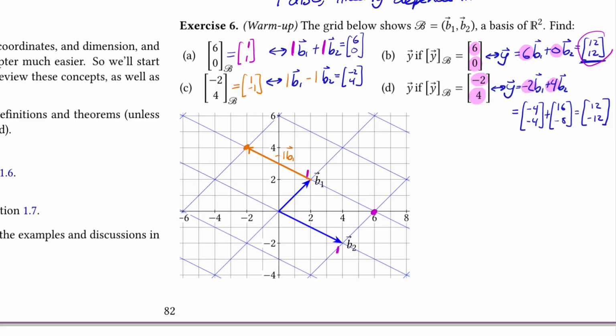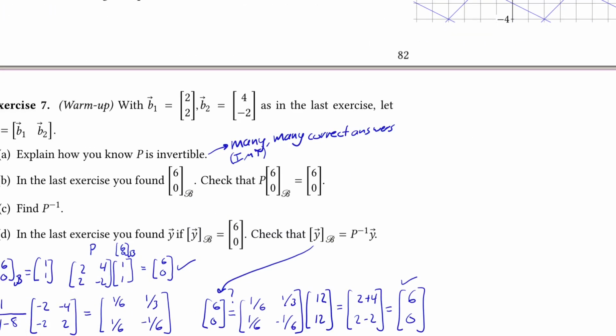And when you do that linear combination, the result should be 12, -12, which doesn't show up on the grid, but you can imagine if you went like -2 in the B1 direction, so opposite of B1 and twice as long, and then 4 doesn't fit here, but 4 times B2, you're going to the point on the slanted blue grid here with coordinates -2, 4, which takes you to the point that is actually 12, -12. Okay, so that's exercise 6.